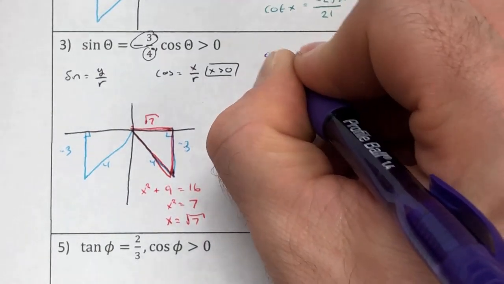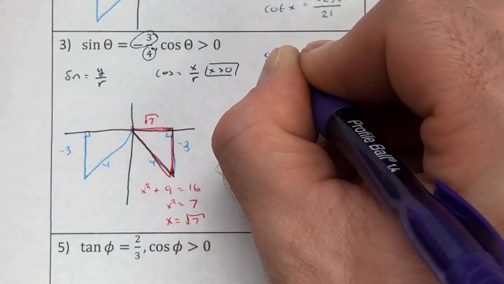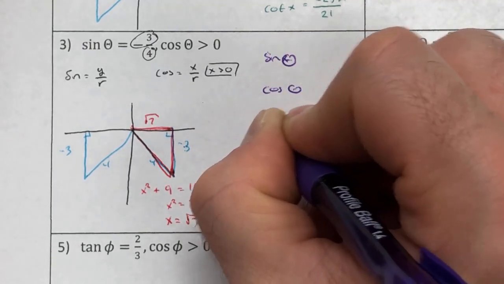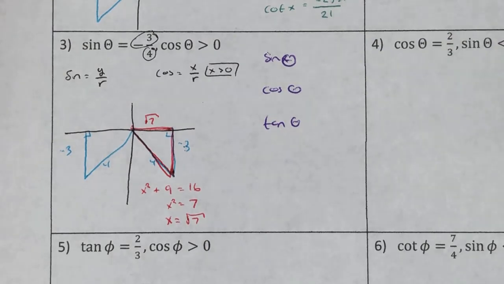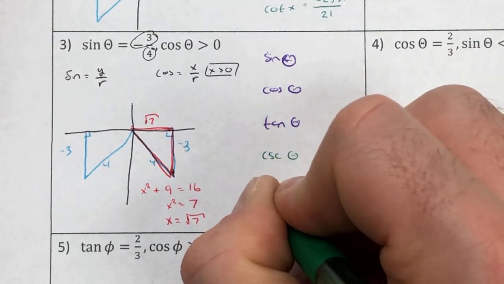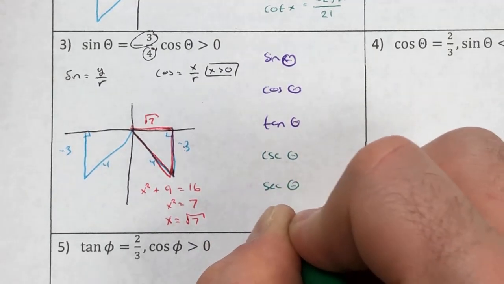So I'll have sine of theta, cosine of theta, and the tangent of theta. And then I'll have the flipped versions as well of the cosecant, the secant, and the cotangent.